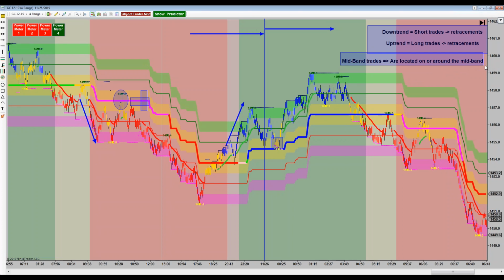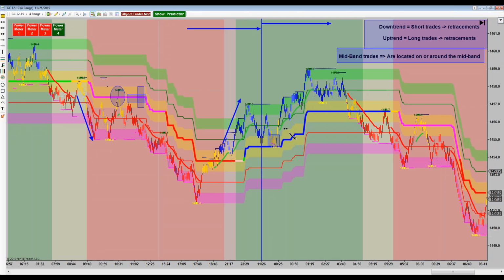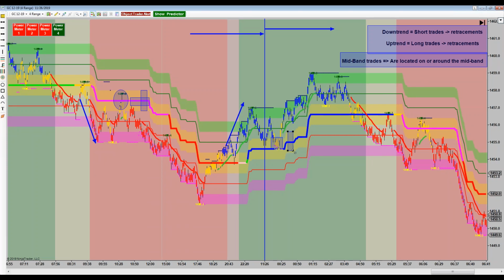And so we have to ask ourselves, where are these bars located? And the definition of that is the band directly above the midband, the band directly below the midband, or physically sitting on the midband itself, like such.